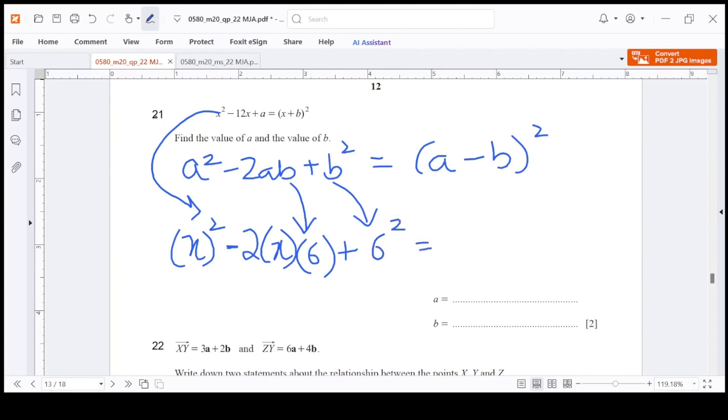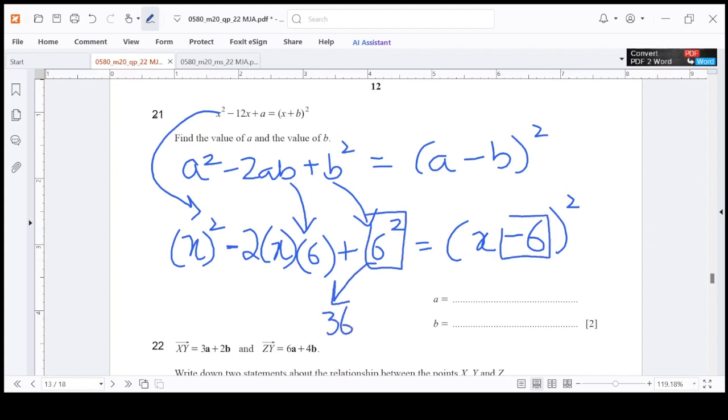And this is equal to x minus 6 whole squared. So now we know that a is 36 and b is minus 6.